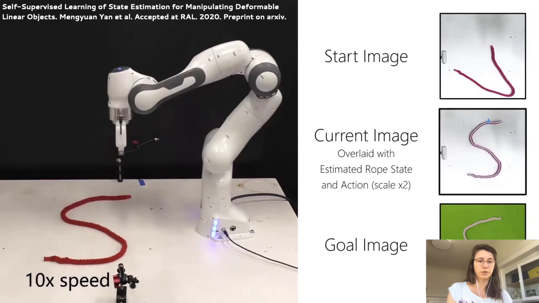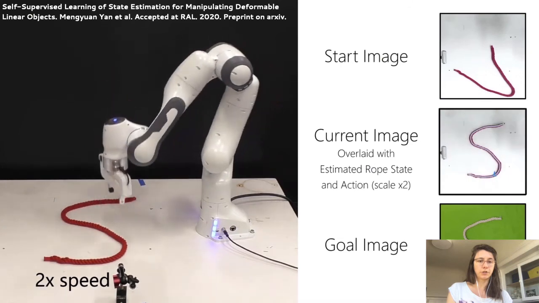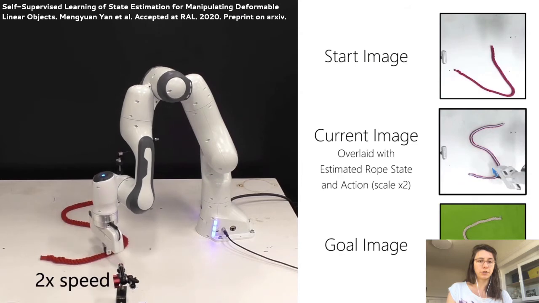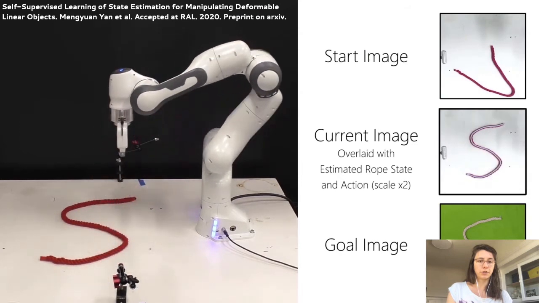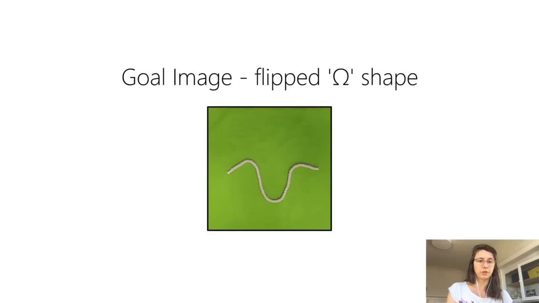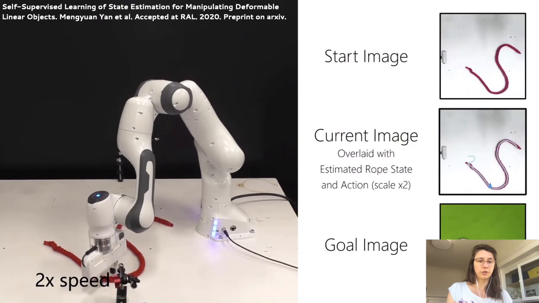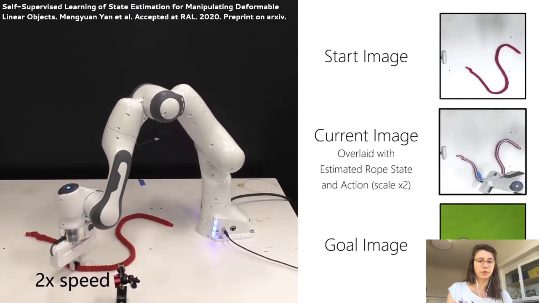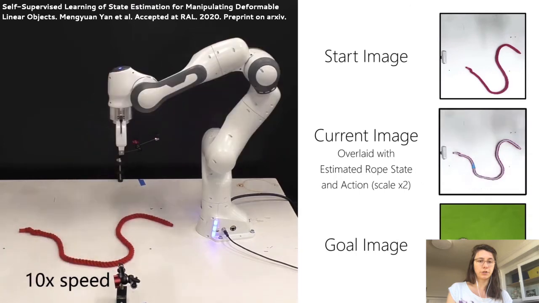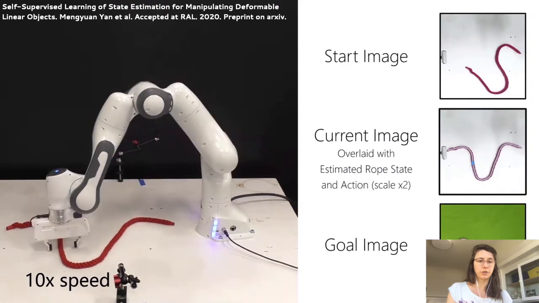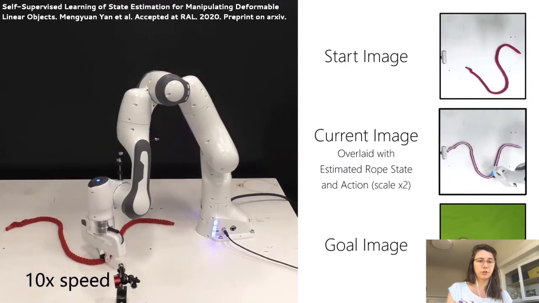You can also see that although it can only manipulate or attach the end effector at one point of the rope, it does use the under-actuated dynamics of this rope to replicate that goal shape as well as possible and be as efficient as possible. So here, for example, it pushes one point, but it knows that the entire part of this rope will move in a favorable way to get closer to the goal.